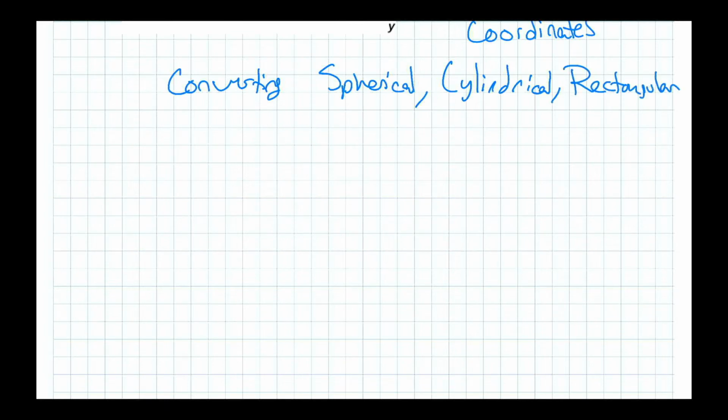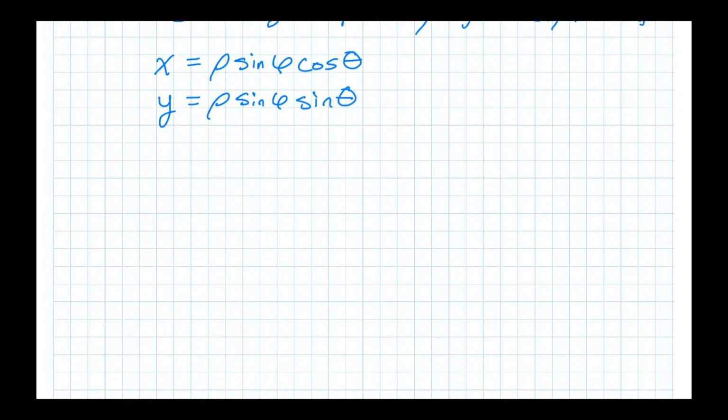So first of all, maybe we'll derive some of these, but the x is going to be rho sine phi cosine theta. The y is going to be rho sine phi sine theta. The z is going to be rho cosine phi.